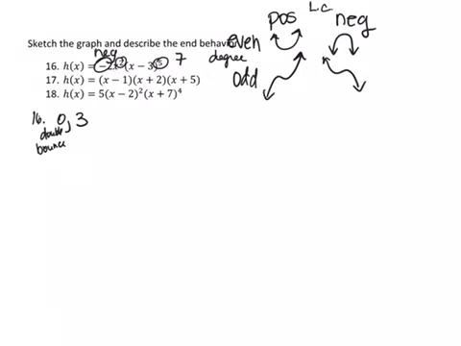And 3 is a 5th, 5 of them, which does that little inflection point, which I just call snaking through it. So we'll have our points at 0 and 3. And it's negative, so it's going to start up here and end down here. So the double root bounces off, so it starts up, bounces off my 0, my double root, and it does a snake motion through that 5th root, and then it goes down from there.